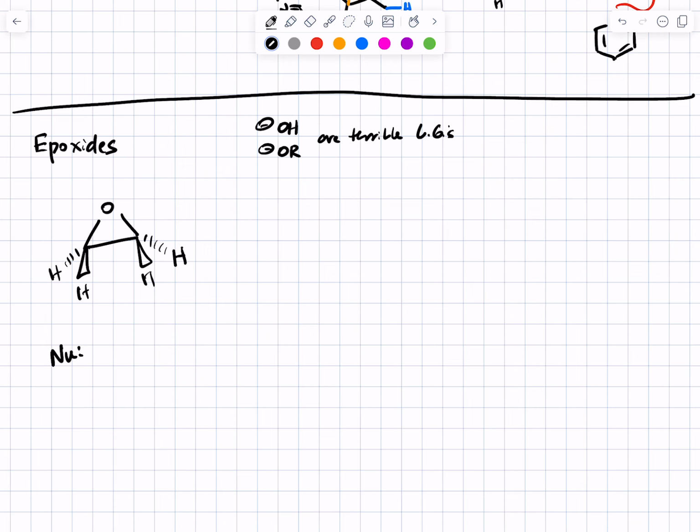That is, epoxides are good electrophiles, and we're going to see nucleophiles attack and open up epoxides in an SN2-like fashion. And the leaving group here is a negatively charged oxygen.